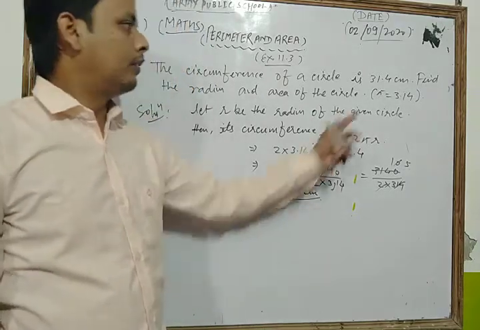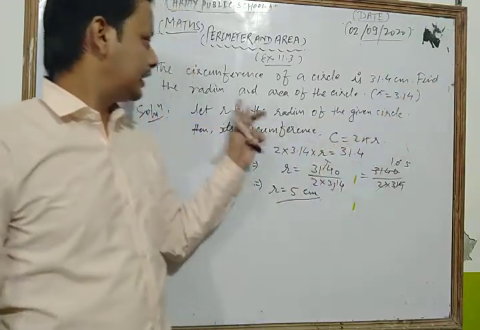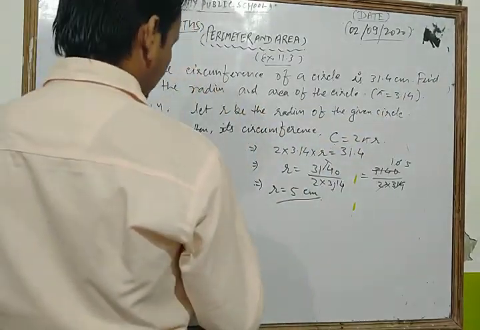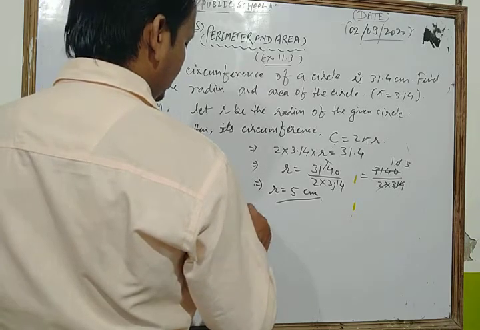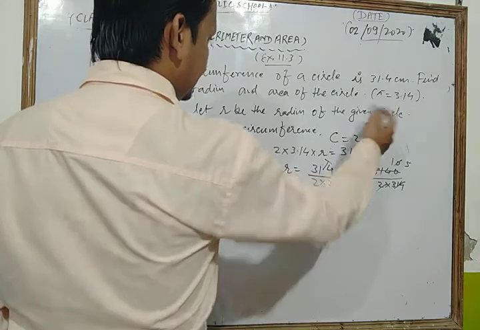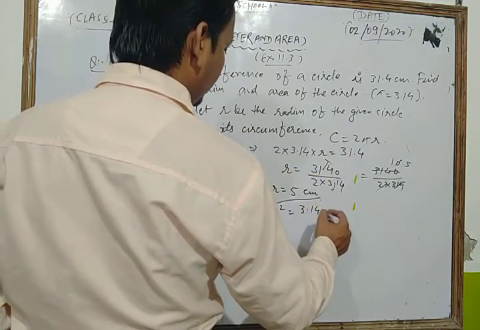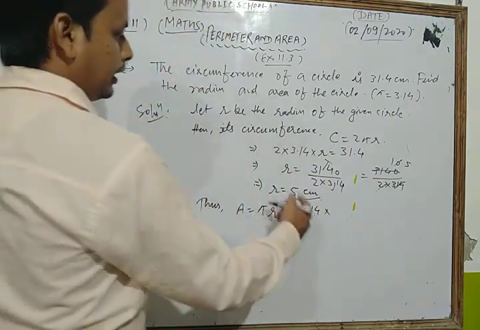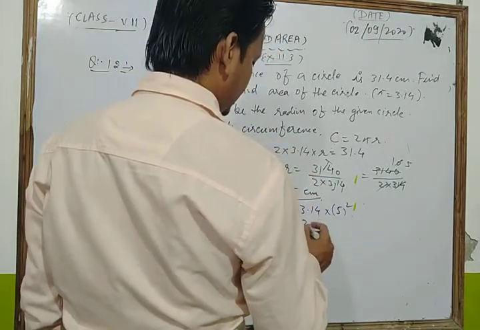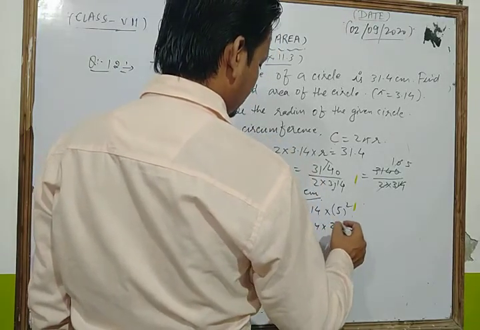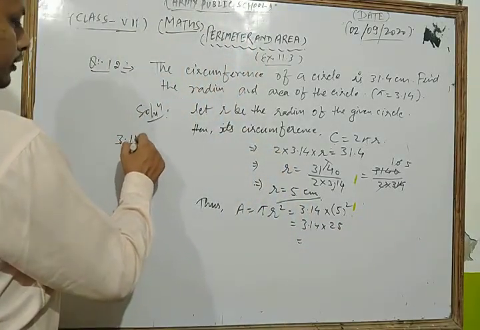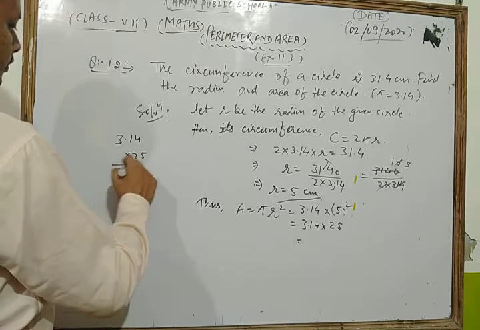Now we find the area of the circle. The area of the circle will be pi r square. So we put the value of pi as 3.14 into the value of r as 5, so here we write 5 square. Now solving, 3.14 into 5 5s are 25. Now we multiply 3.14 and 25.